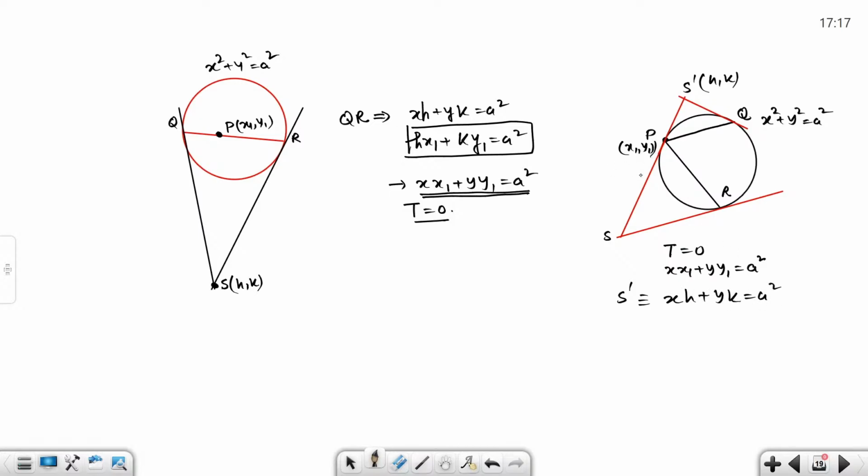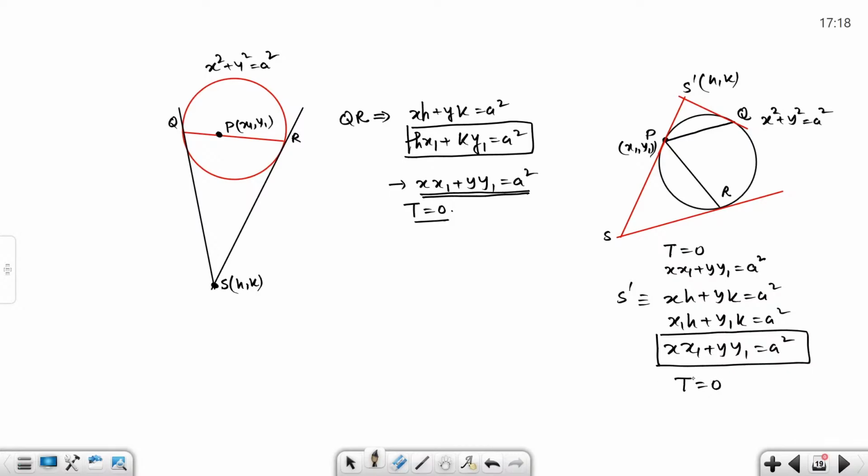As it is passing through the point x1, y1, hence it must satisfy this. Therefore, the equation of the locus of S dash, that is the locus of the polar, is basically xx1 plus yy1 equals to S square, right? So this is the equation of the polar. Again, this is nothing but T equals to 0.